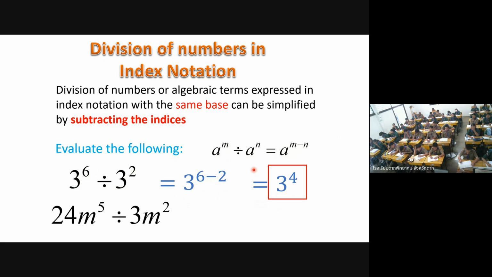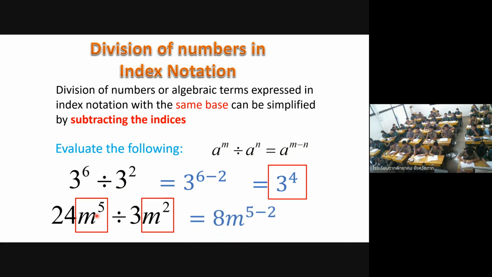How about this one? 24m to the power of 5 divided by 3m to the power of 2. It's the same as the multiplication rule. We have m to the power of 5 and m to the power of 2. But what are we going to do with 24 and 3? You're gonna divide. What is 24 divided by 3? 8. And m to the power of 5 divided by m to the power of 2, that's m to the power of 5 minus 2.